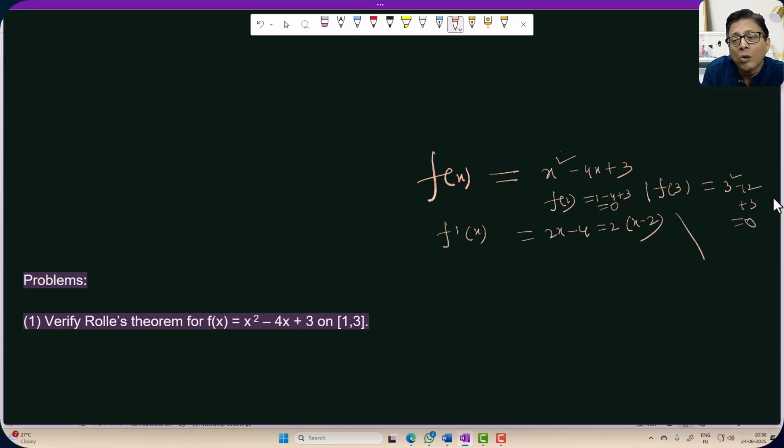So what have you got there? You got two zeros of f(x), at 1 and 3. Now what have you got? You got a root of f'(x) at the point x equal to 2, which lies definitely between 1 and 3. And you dare to plot the graph now.